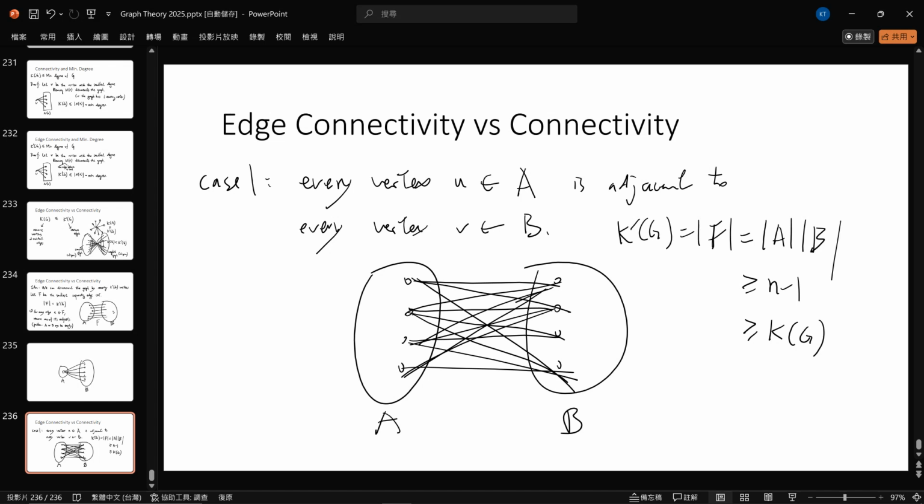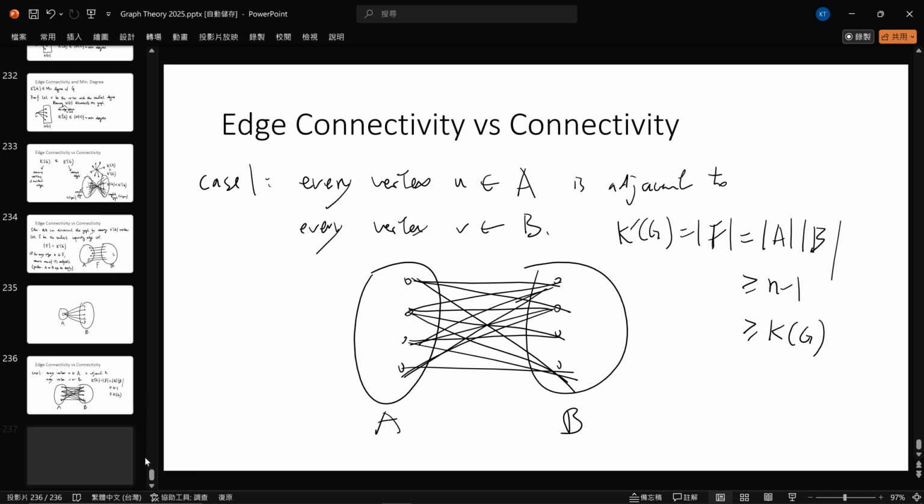Recall that all we wanted to show is that edge connectivity is greater than or equal to vertex connectivity. So in case one, the edge connectivity is extremely high. It's so high that it is greater than the number of vertices. So this is the trivial case, but this is the reason that the previous proof fails. All right, so this is case 1.